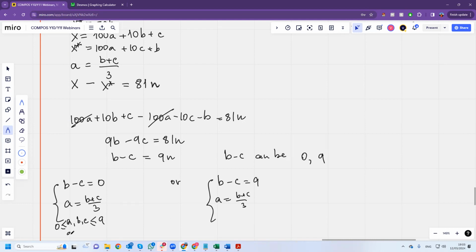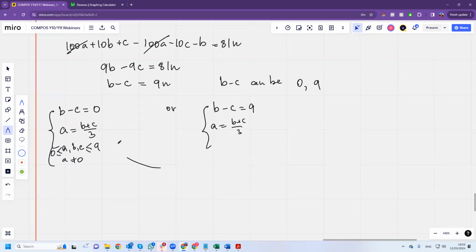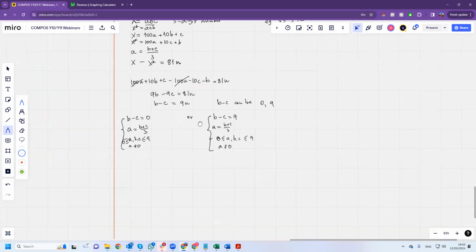And of course, A is not equal to 0. And the same thing here. I'm just a bit lazy now. A is not equal to 0. Nice. So what can we do here?